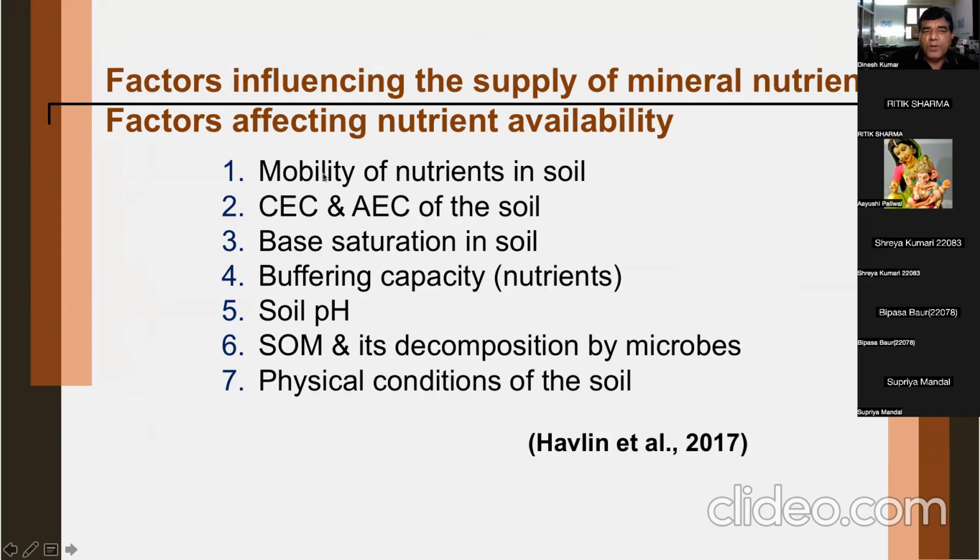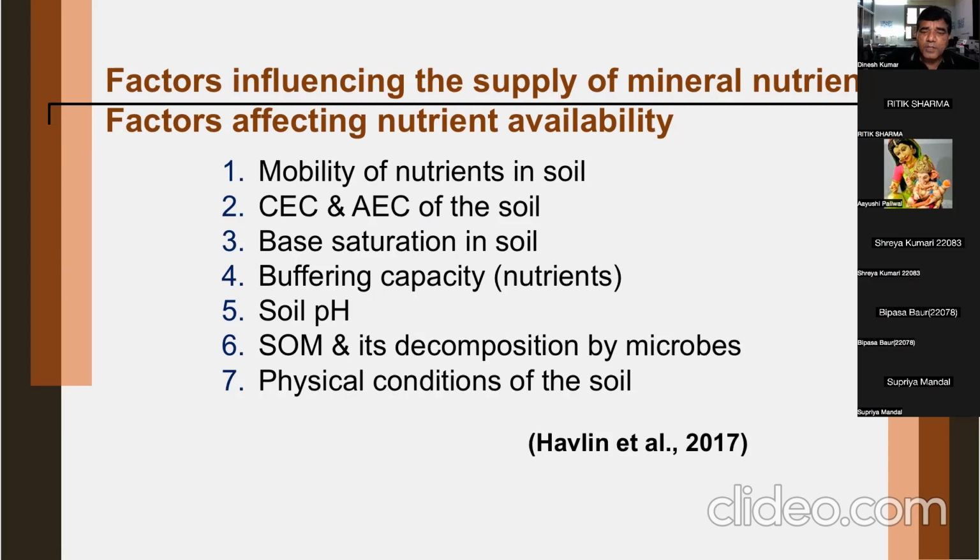Generally, if a nutrient is mobile, it can be easily accessed by the plants because it is uniformly distributed in the soil layers. But if it is immobile, then its availability is restricted to a smaller area of the soil. Higher CEC and higher AEC mean higher nutrient supplying capacity to the soil solution. Base saturation: generally, higher values of base saturation will saturate the soil solution quickly compared to soils which have less base saturation. Similarly, buffering capacity.